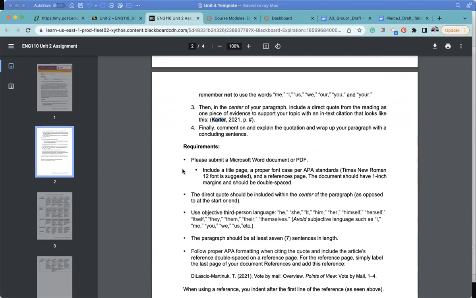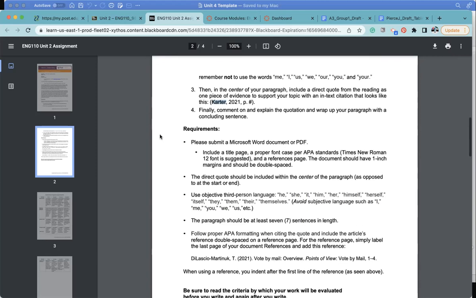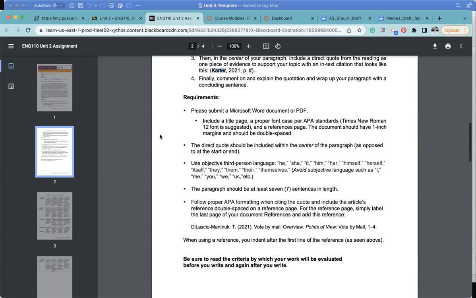You need that whole name, and it will go inside the parentheses, and then you will have the 2021, and then the P period refers to the paragraph number. So you will actually put a number there instead of just having the hashtag sign, obviously. Finally, comment on and explain the quotation. Wrap up your paragraph with a concluding sentence.